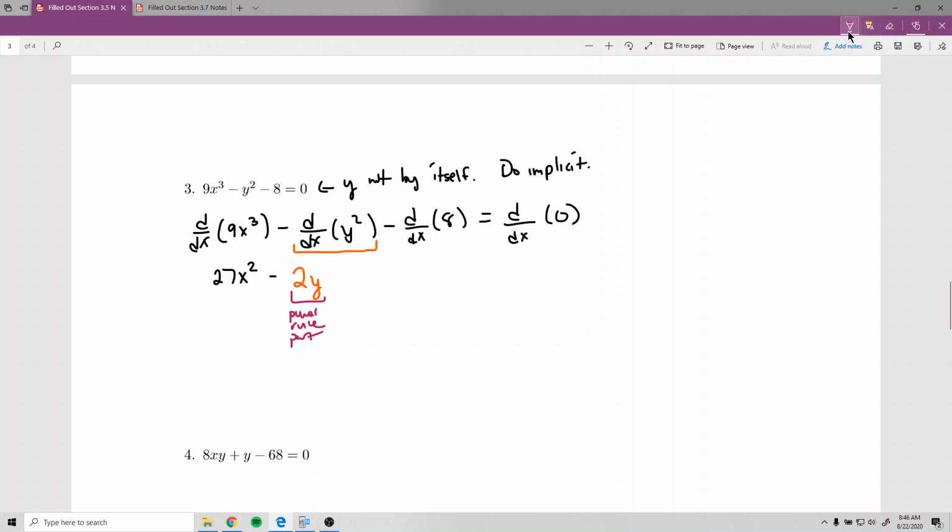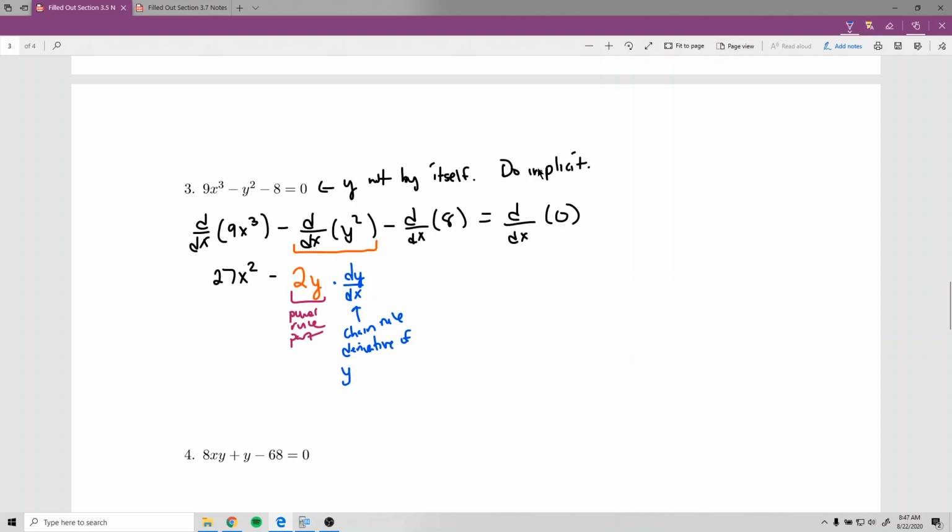And then all you do from the chain rule is multiply by the derivative of y with respect to x, which is exactly the same as before.